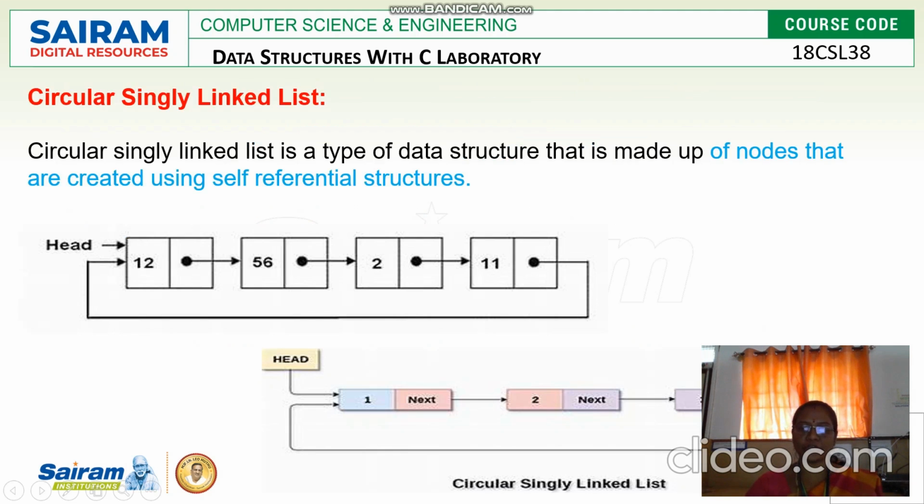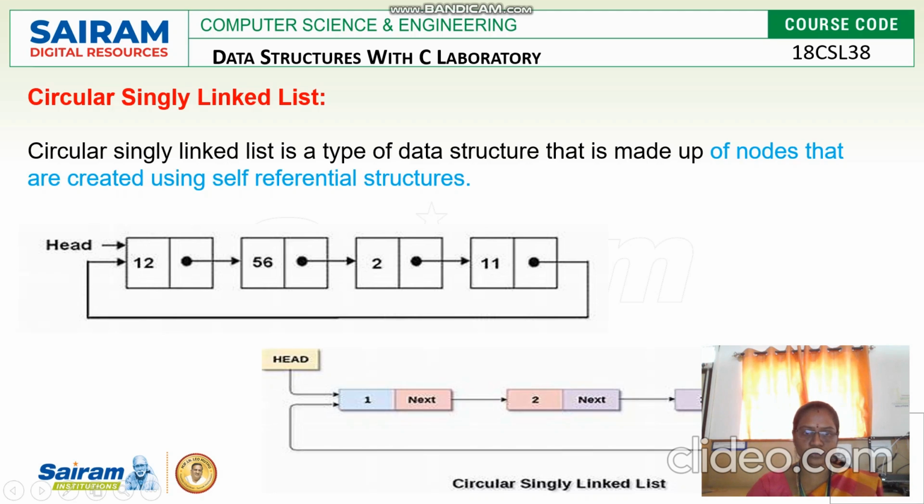Fine. Before going to the evaluation of polynomial expressions and the addition of two polynomials, first of all we must be aware of the topic of circular singly linked lists. What is meant by a circular singly linked list? It is a type of data structure made up of nodes that are created using self-referential structures.